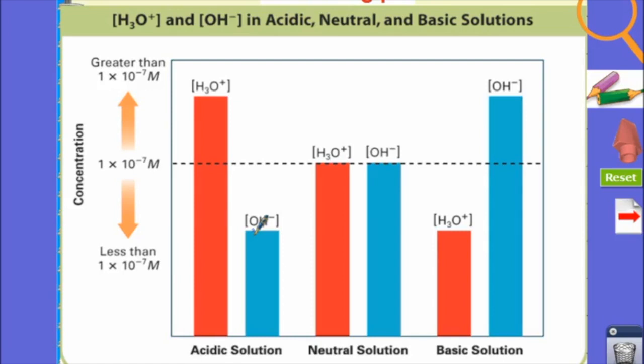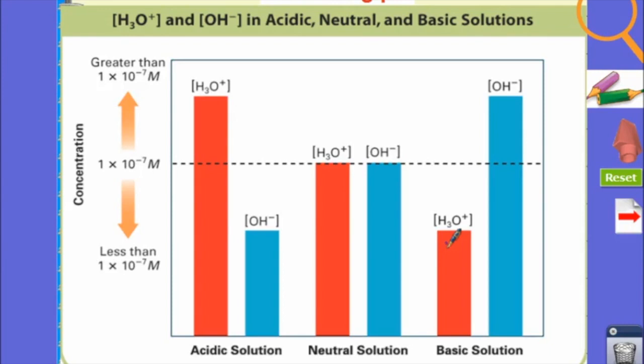If the concentration of hydronium ion equal the concentration of hydroxide ion, the solution is neutral. The pH is 7. If the concentration of hydroxide ion is greater than the concentration of hydronium ion, the solution is basic. Therefore, the pH is greater than 7.